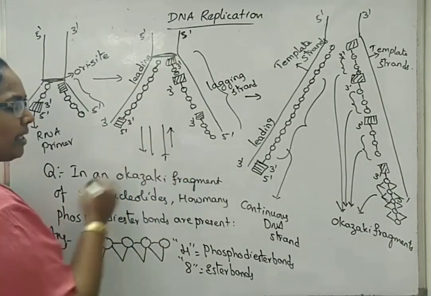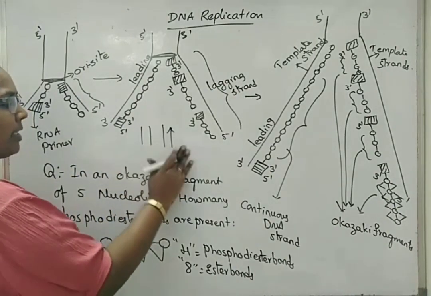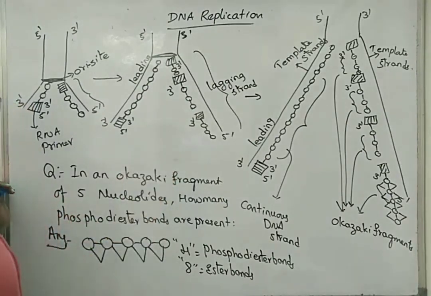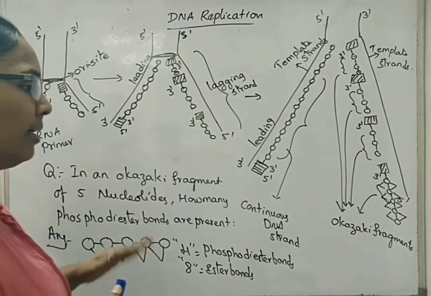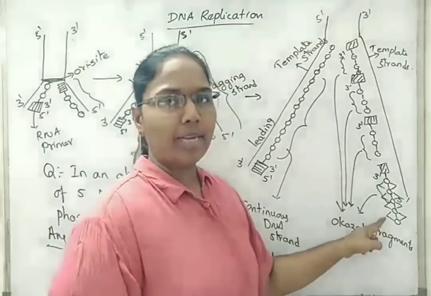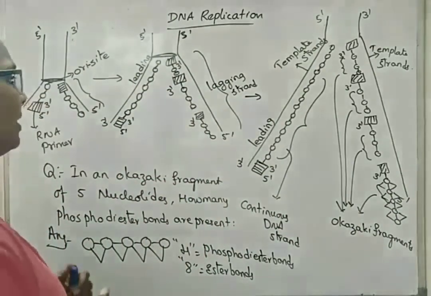Complementary means one template strand has to be there, one new DNA strand has to be there, or one template strand and one coding strand has to be present. Then we should consider the question is about double-stranded helical DNA. But here the question asked is about an Okazaki fragment, meaning only one single strand. This is about DNA replication.